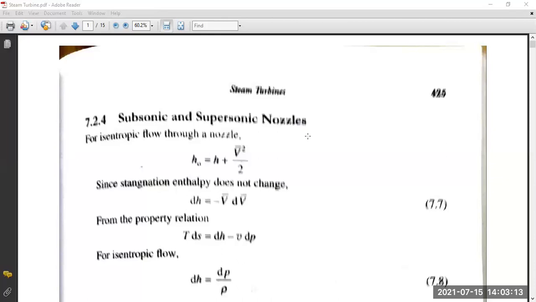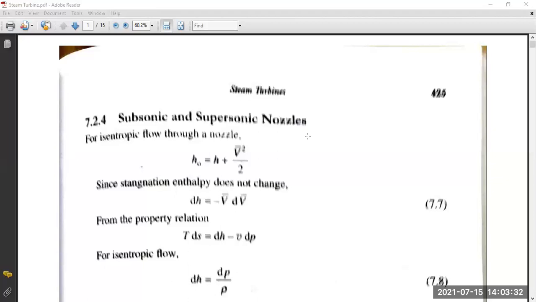V-bar squared by 2, where V-bar is the velocity of the fluid at that particular point under consideration, maybe at the exit, and it is a vector. The kinetic energy mV squared by 2 is equal to V squared by 2 because m is equal to unity.